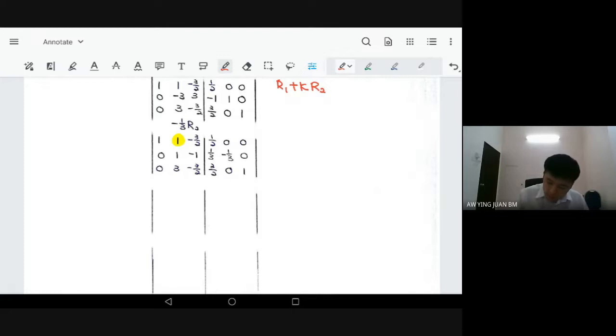So kindly substitute. We have R1, which is the 1, plus the K, multiplied with the row 2. So in here, this is the row 2. So substitute 1 equals to, remember, the objective is to become 0. So we have K equal to negative 1. So kindly substitute the formula. So we will have the situation R1 minus R2. So that will be the formula.